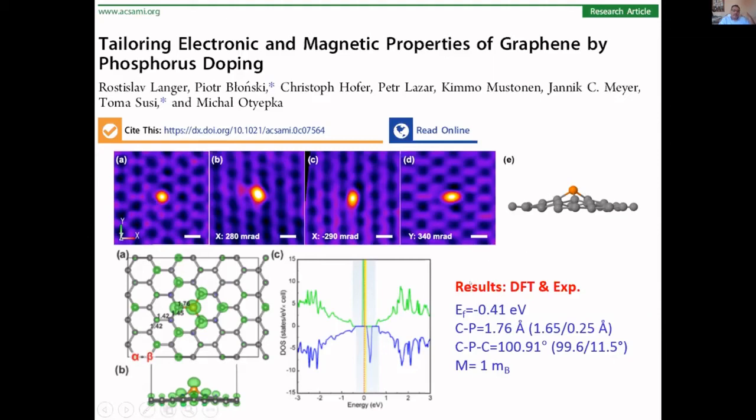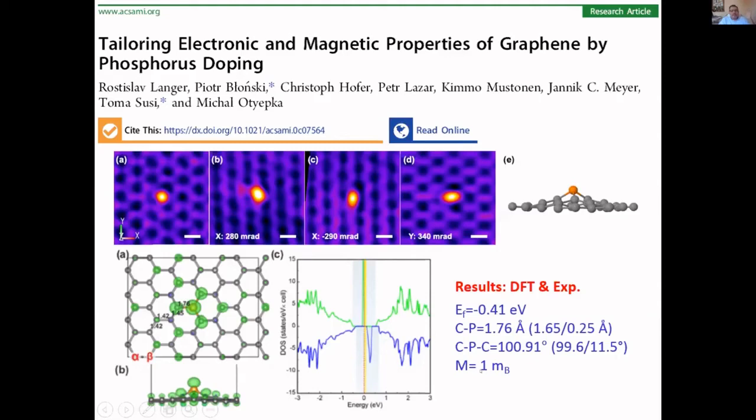In the same report, they published ab initio calculation of the electronic structure, and in particular of the magnetic moment, and they predict a very sharp peak at the Fermi level, very, very sharp peak, producing a magnetic moment of 1 Bohr magneton.